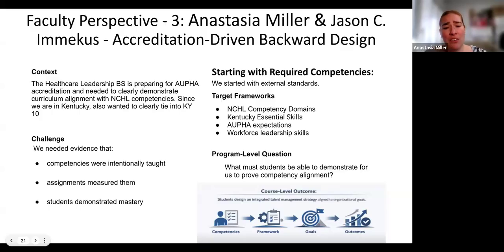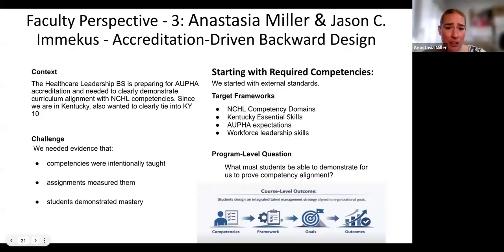Well, as part of this process going up for it, we had to not only demonstrate that our curriculum was aligned with NCHL, which is the National Center for Healthcare Leadership Competencies. We also had to demonstrate that it's aligned with AUPHA content criteria.